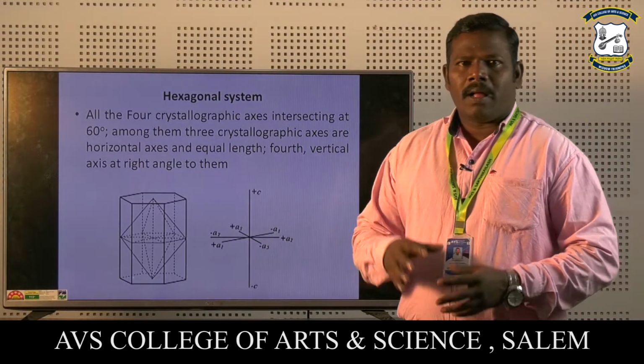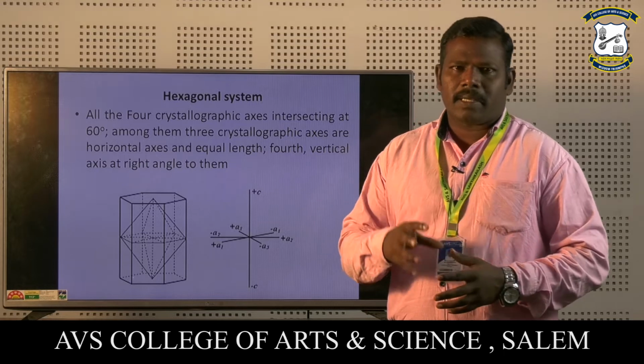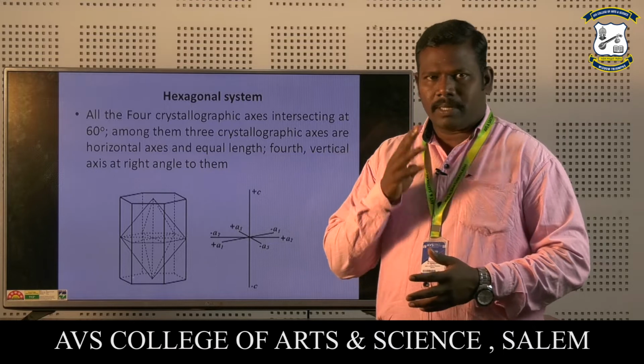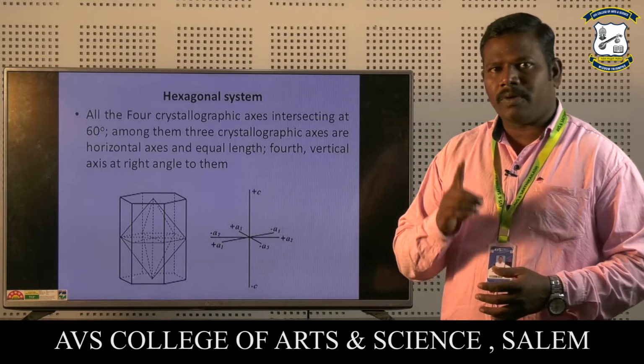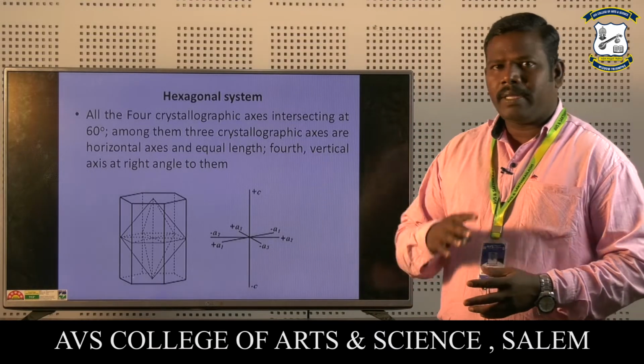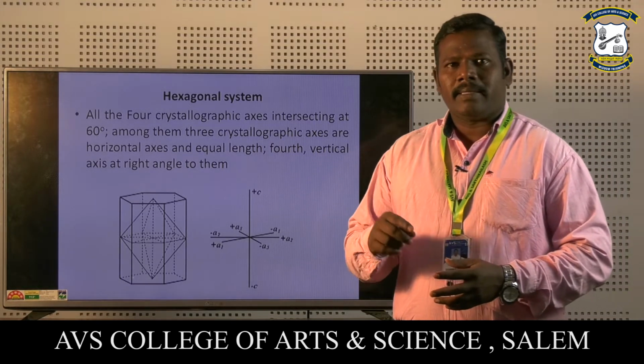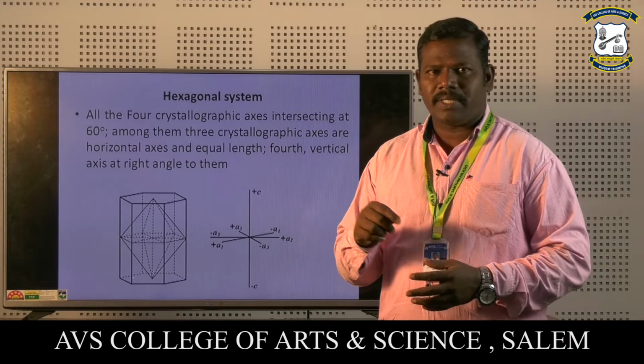The next one is the hexagonal system. Specifically in this hexagonal system, we have four crystallographic axes: three horizontal axes and one vertical axis. The three horizontal axes are of equal length and intersect at an angle of 60 degrees.